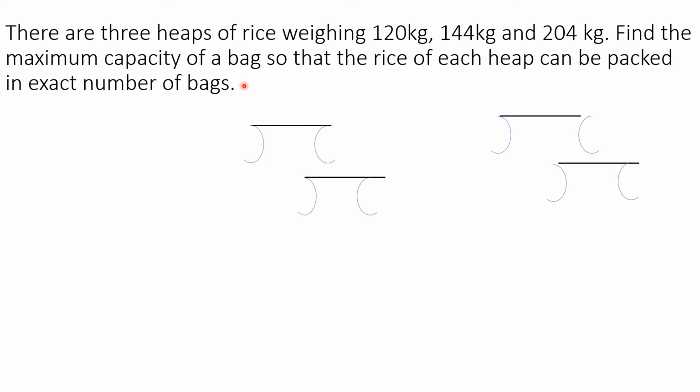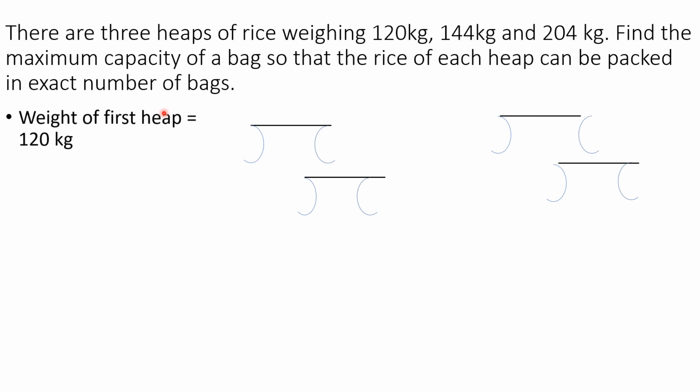A bag which has the capacity to contain all 120 kilogram, 144 kilogram and 204 kilogram, right? So it is a question of common factor. That weight must be a common factor for all, and maximum capacity means highest common factor.